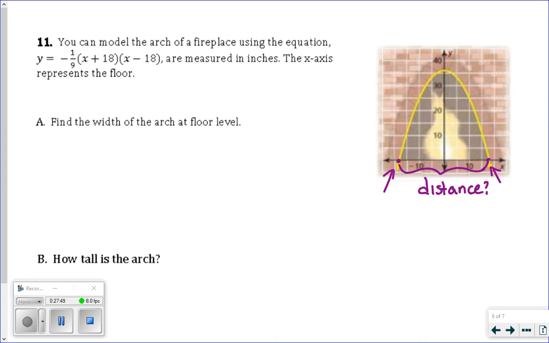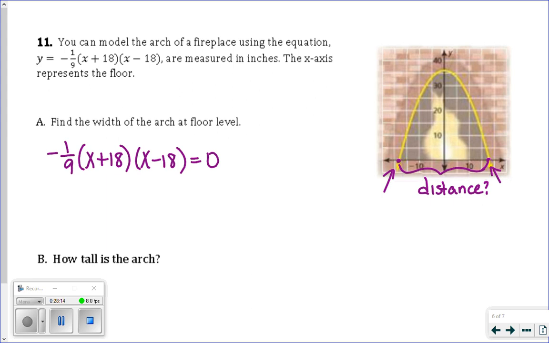Well, those x-intercepts happen to be the solutions when y is 0, since they're on the x-axis. So all I have to do is take our function here that models this arch and set it equal to 0, because at y equals 0, at a height of 0, we're on the ground, and that's where the x-axis is. All right, so I can find those x-intercepts.